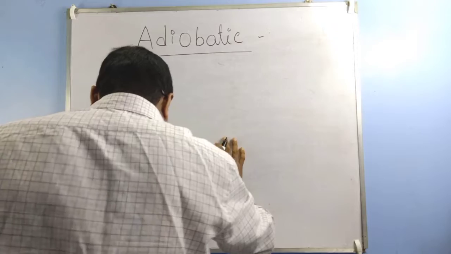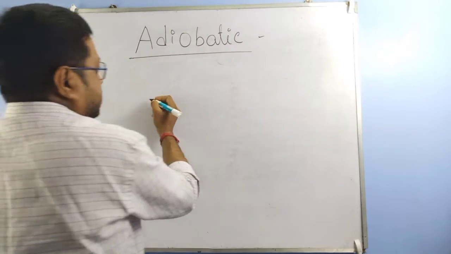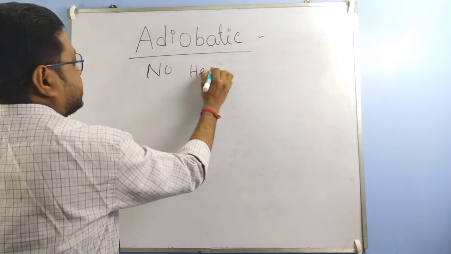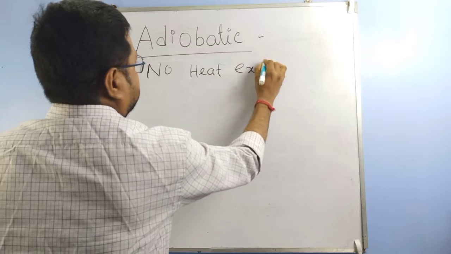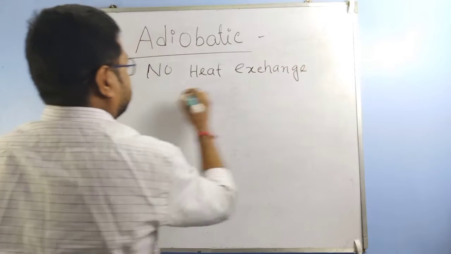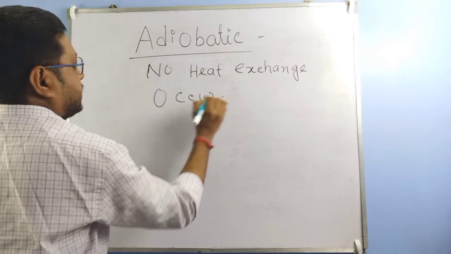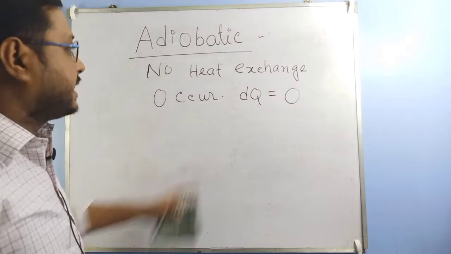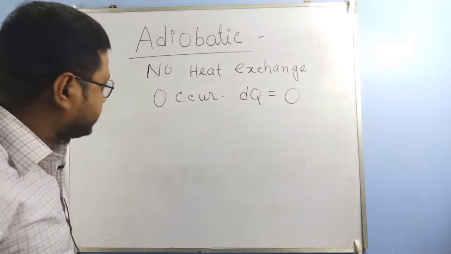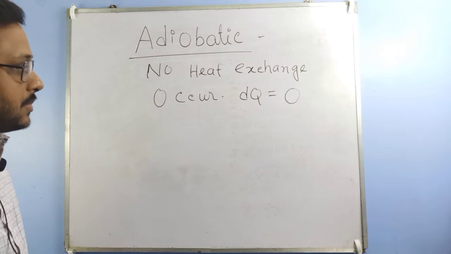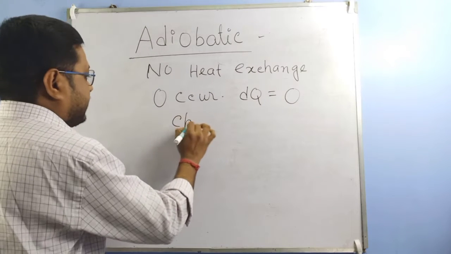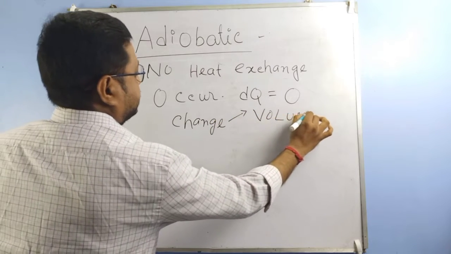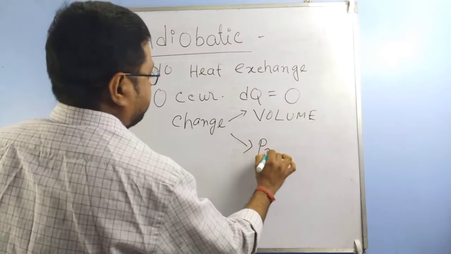What is an adiabatic process? An adiabatic process is one in which no heat exchange occurs. That is, heat exchange dq is equal to 0. No heat exchange occurs between the system and surroundings. But there may be a change in volume and a change in pressure.